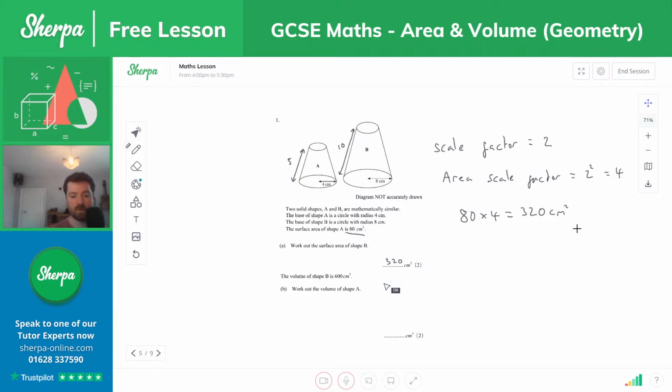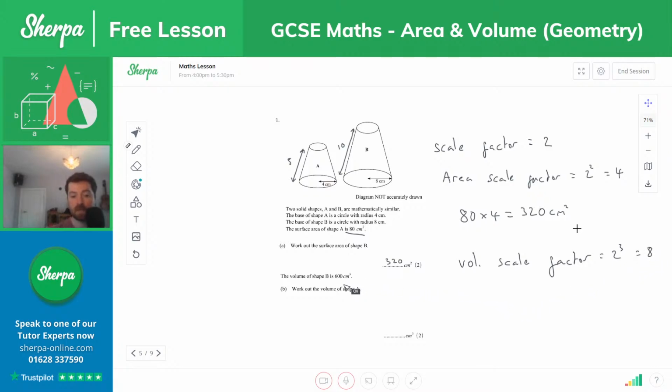So we could just apply that same learning to this question, and if my linear scale factor is 2, I can work out my volume scale factor. That's just going to be my linear scale factor cubed. So obviously that's going to give me 8.